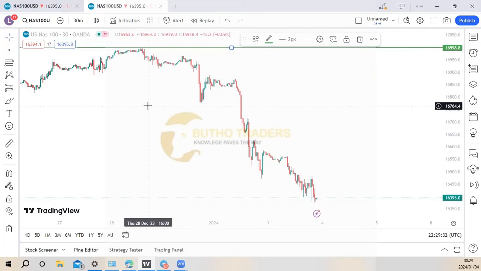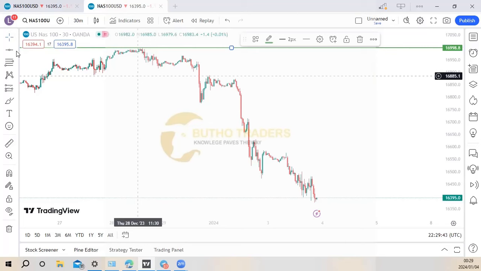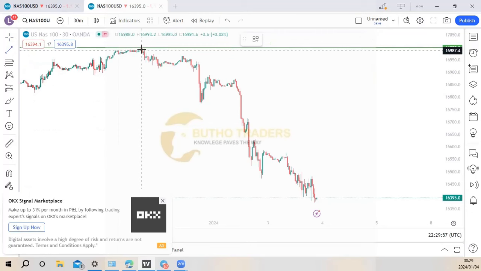Since we've been having a bearish market, now I identify my major swing low and my major swing high. Remember, we are on a downtrend. This is how it works. When I'm identifying my major swing high and major swing lows, usually I use the trend line. I identify the first point, the highest point where the market could go.